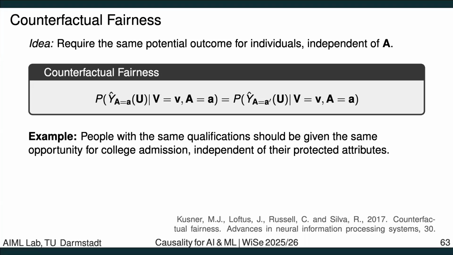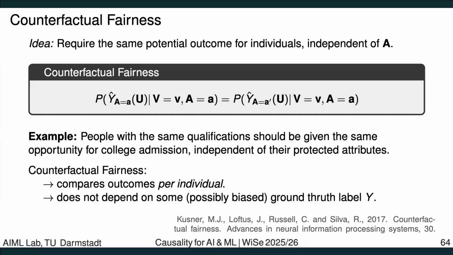For me personally, I don't know, some professor didn't like me and rejected me, but no matter what happened to all the others, the outcome for me personally, for this particular individual, did not depend on the protected attributes. And that's, I think, what we would like to have.